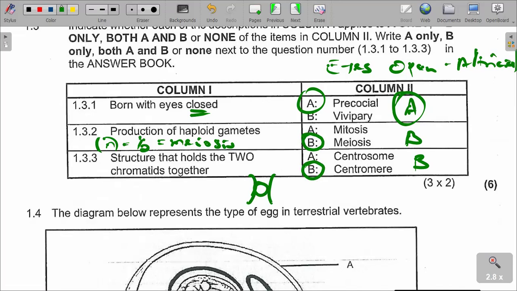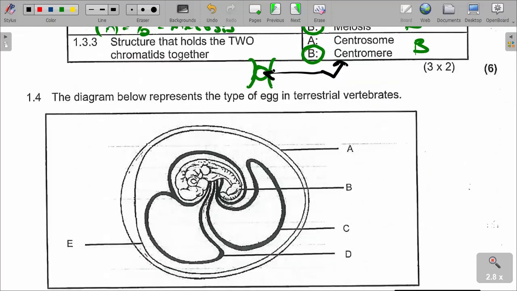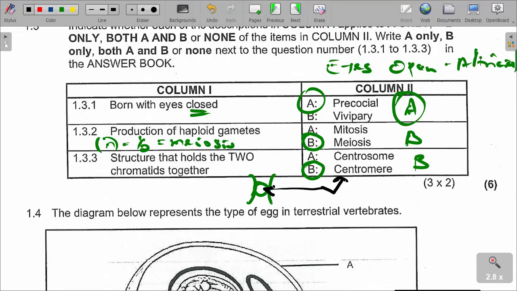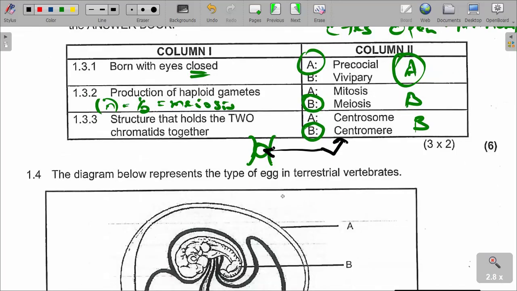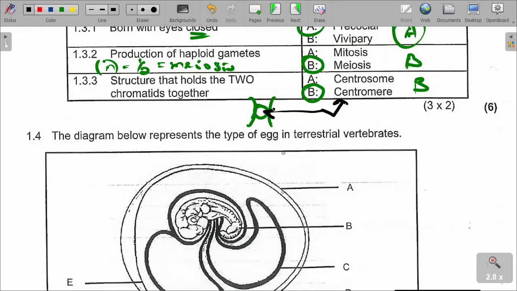The piece that is holding the two chromatids together is called a centromere, which holds the two chromatids together to form a chromosome. Also, please refer to Metric Hub. There is quite a lot of explanation given on the scientific terminology in genetics and inheritance, and also DNA in general.